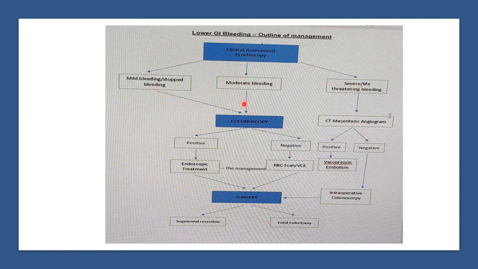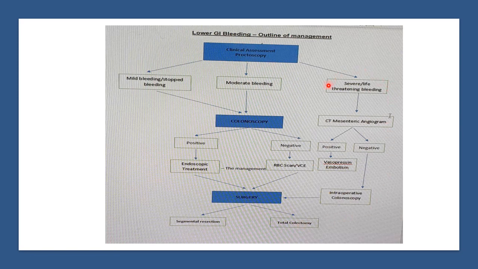Mild to moderate, you do a colonoscopy as early as possible, ASAP, as soon as the patient is ready and the scope available. If it is negative, then you may want to do an RBC scan or a VCE. If it is positive, then you treat the lesion either endoscopically or surgically. And the surgery may involve either segmental resection or total colectomy, as the case may deem fit.